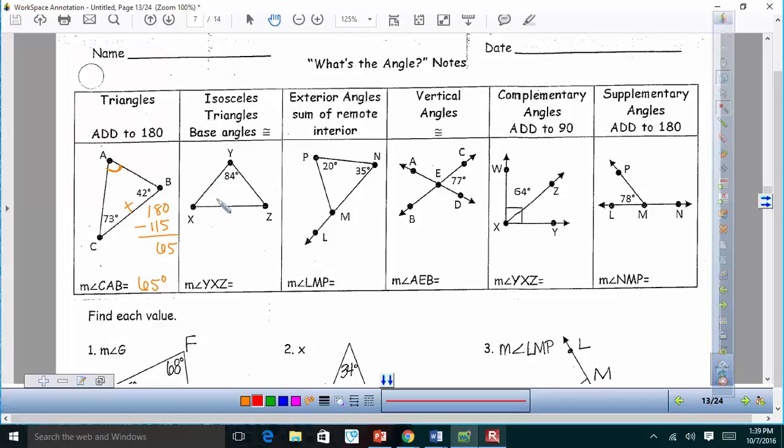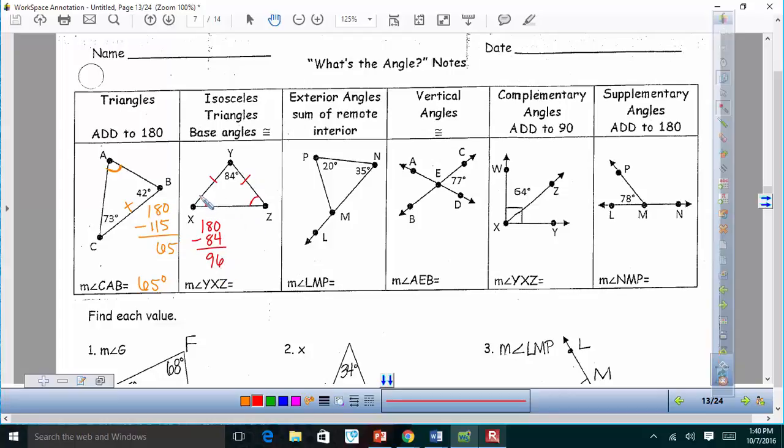Their base angles are equal. So yesterday, to find the two angles at the bottom, we would take 180, which we know a triangle should add to be. We would subtract the angle they gave us, 84. That would give me 96.